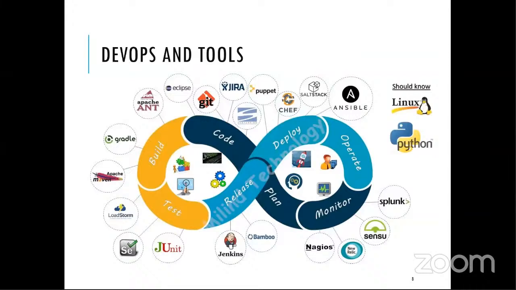This picture depicts only the tools we use in the DevOps culture. If we are talking about code, we use source code management to save our code, and to do any work we will use Git. We can also use Subversion and Bitbucket.